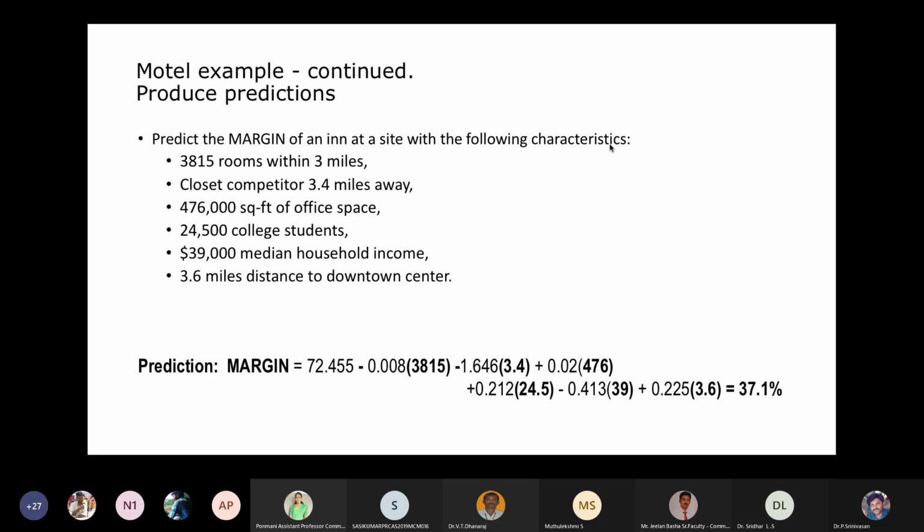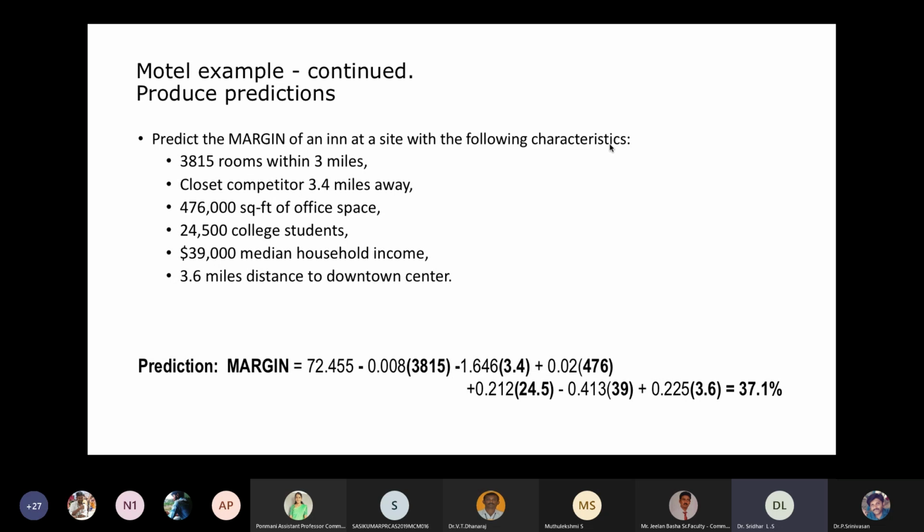You can see I'm getting the results for the margin, the predictive variables, where 31.7 is my R square. This indicates 815 rooms within 3 miles, the closest at 3.4 miles away, 4 lakhs.